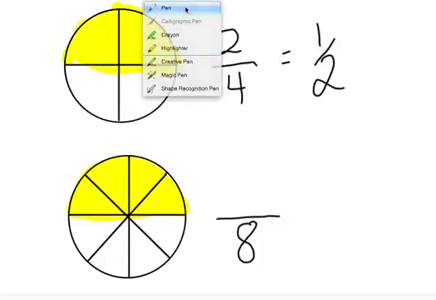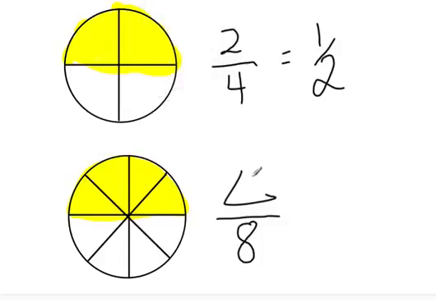So this fraction is worth 4/8. We could say that 1/2, 2/4, and 4/8 are equivalent fractions. They all are taking up this much of the circle.